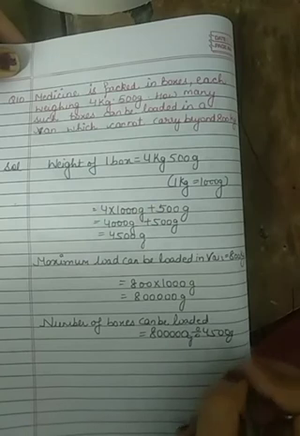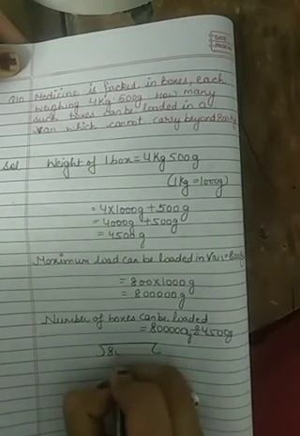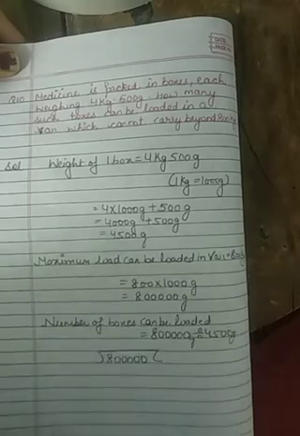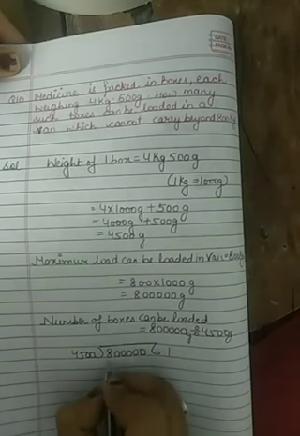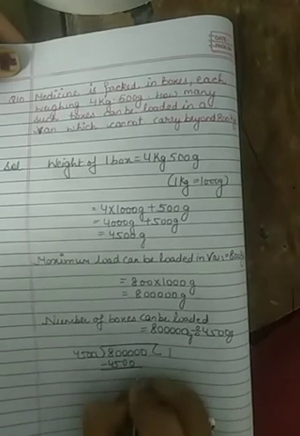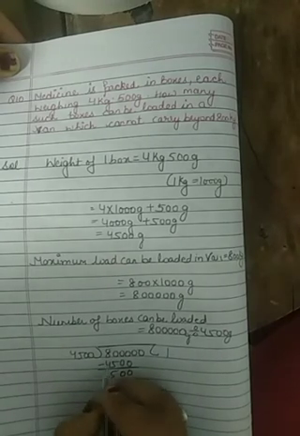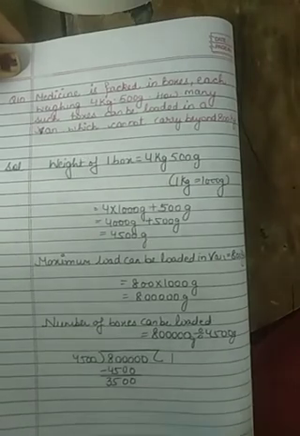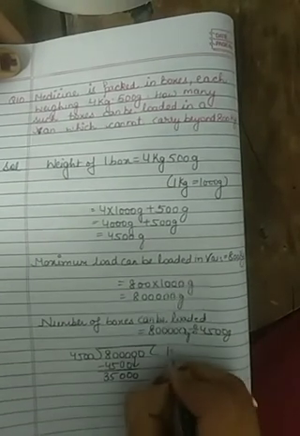Gram will cancel with gram when you divide, and now you divide it with 4500. 4500, minus them. Clear?